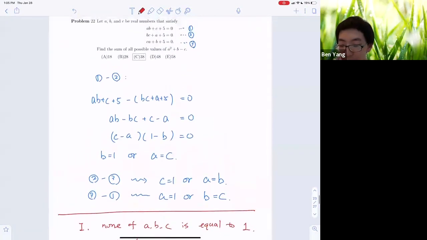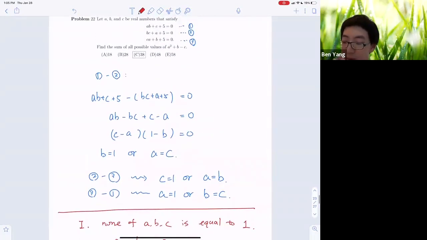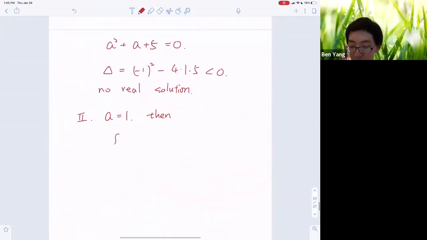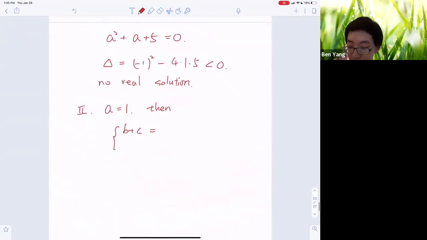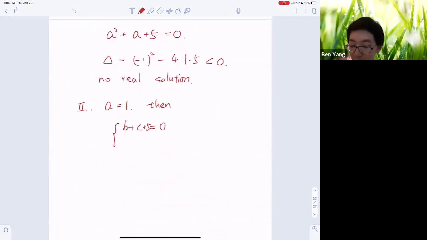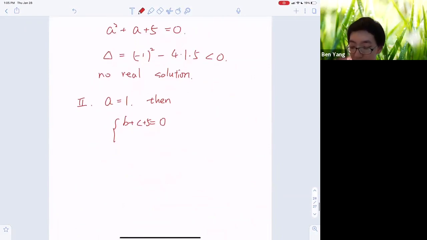If A is equal to 1, our equations become B plus C plus 5 is equal to 0, and also 1 plus BC plus 5 is equal to 0.